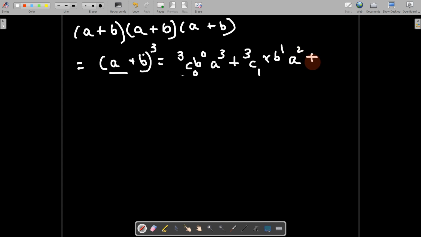The next term would represent the distribution where exactly two kids choose B. In how many ways can you choose any two kids out of three?